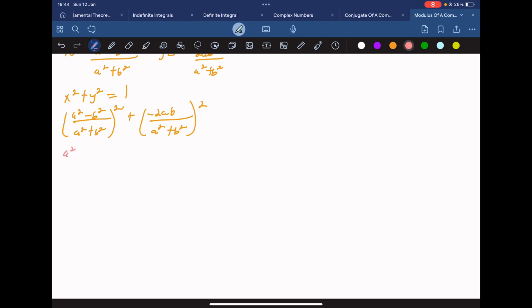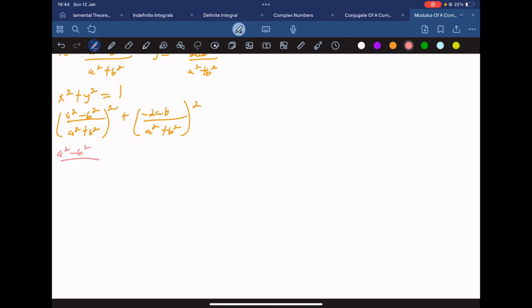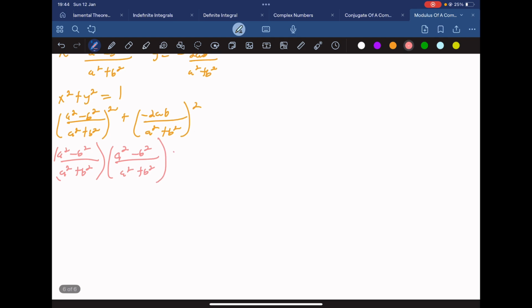So a squared minus b squared all squared simply means writing the term twice. So we have the same thing right here, a squared minus b squared over a squared plus b squared. So all that we have to do is to multiply the numerators and the denominators.